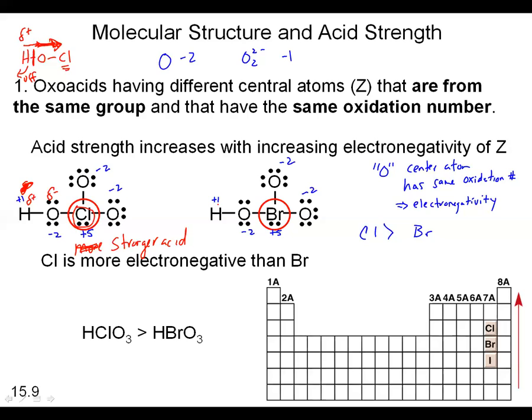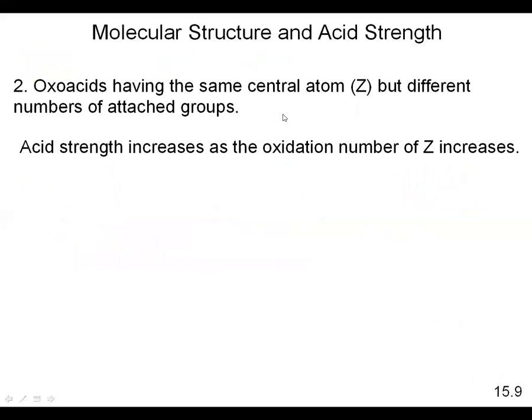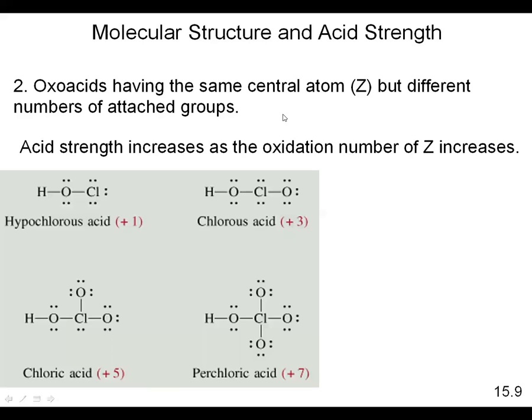Now, we can have a situation where we actually do have the same central atom, but everything on the outside is different. And that's what we see here. Here we have the same central atom on all these acids that have oxygen in it. They all have chlorine.